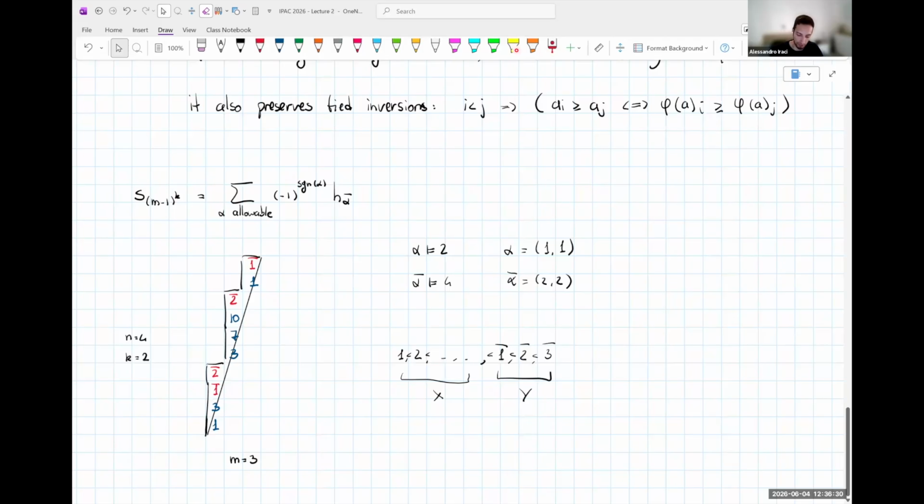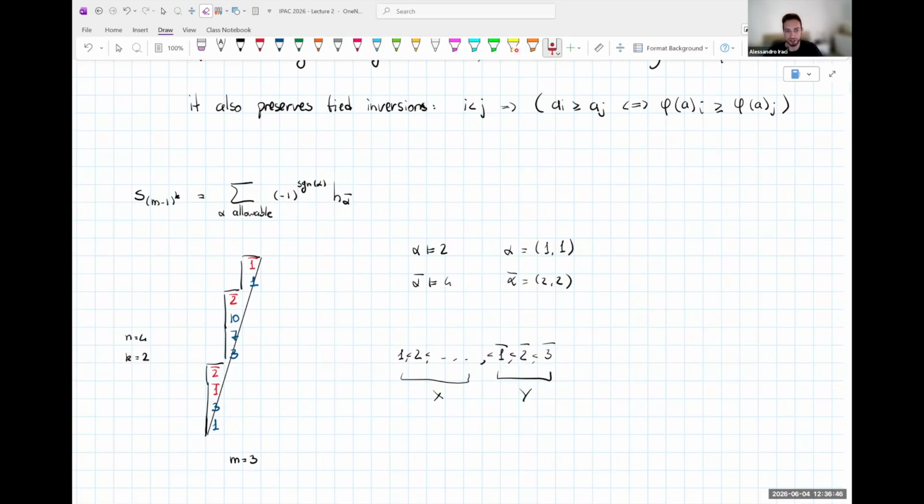So if I'm skewing by h alpha bar, I need to have at least alpha 1 bar 1s, alpha 2 bar 2s, and so on, because otherwise I could just get 0.